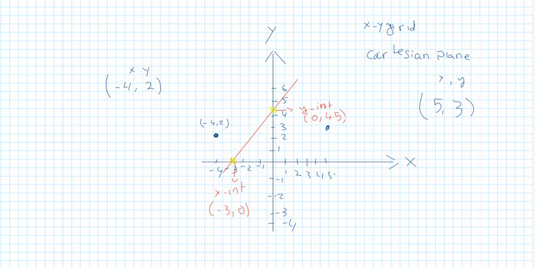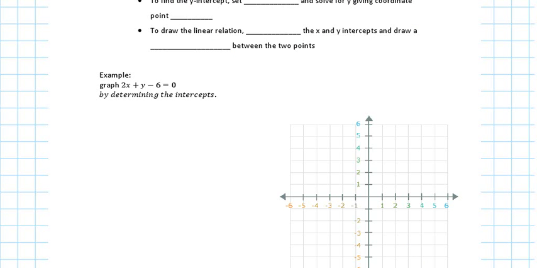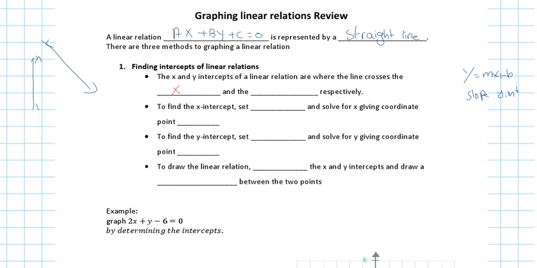So, the x and y intercepts of a linear relation are where the line crosses the x-axis and the y-axis respectively. The x-intercept crosses the x-axis, the y-intercept crosses the y-axis. To find the x-intercept, what do I set to 0? Set y equal to 0. Okay? Because remember, x-intercept, y is 0.